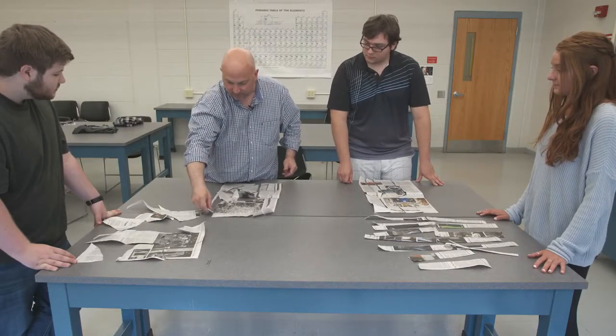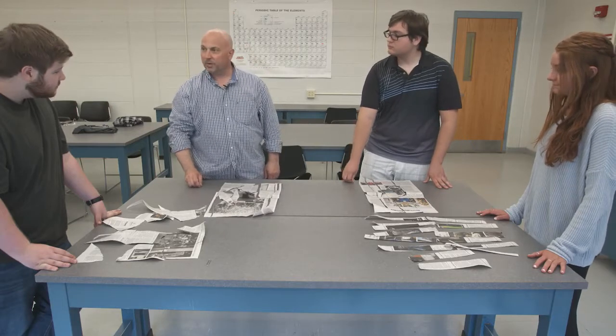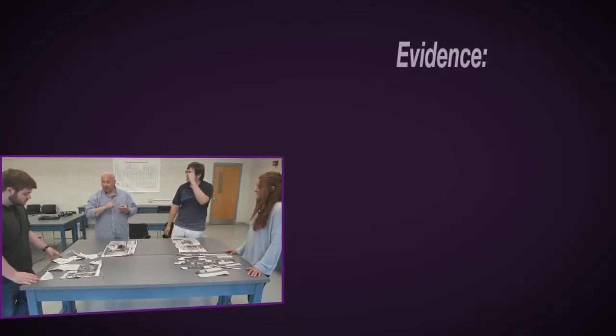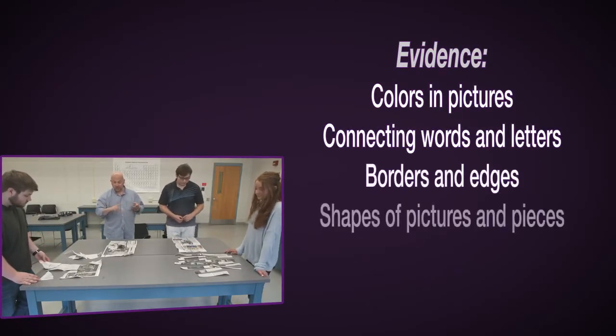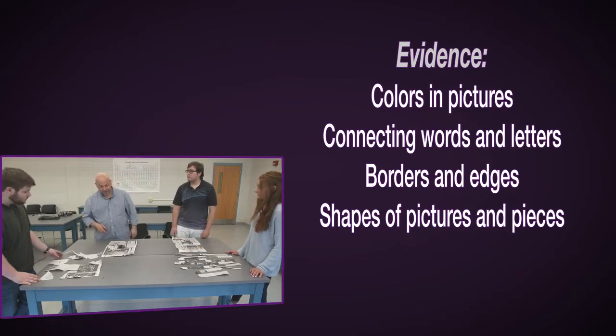So the borders of the piece of paper were helpful to me. So we have the color of the pictures, the words, the headlines and the article words, the shapes of the pictures, and the edges. A number of different pieces of evidence that we could use in order to put these back together again.